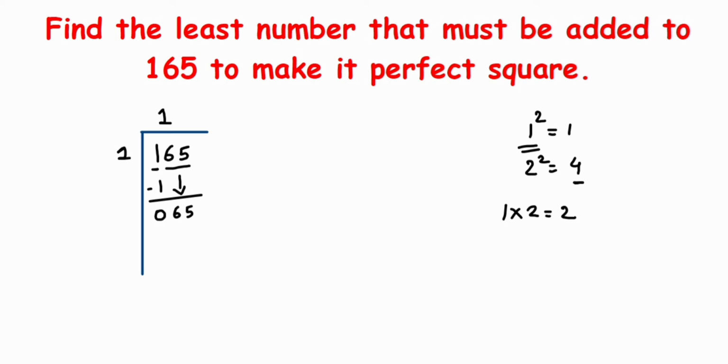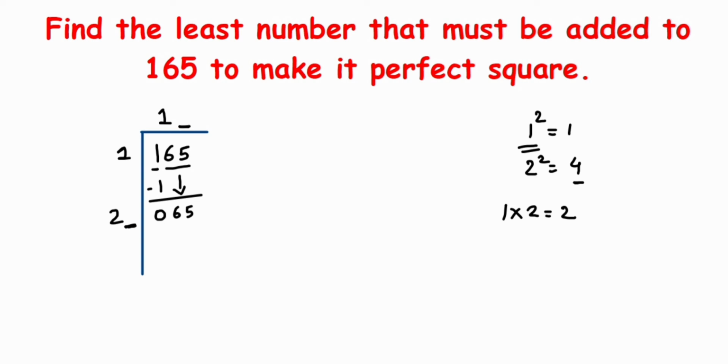That is only the tens digit I got. I have to find one more digit that is going to come in the unit place, the ones digit. Now, how to find that number? Remember, the number in the ones place and the new quotient digit we're going to write have to be the same.